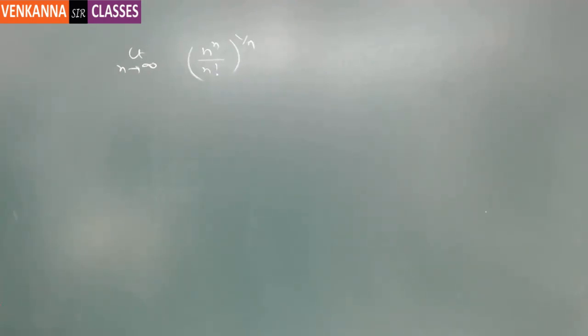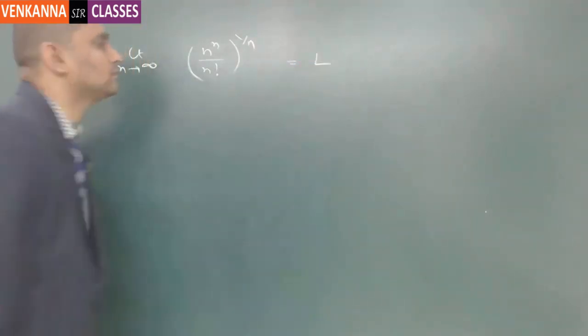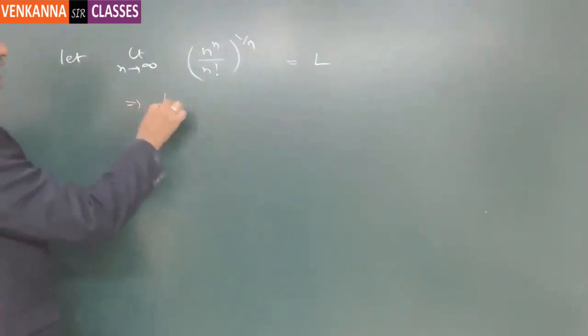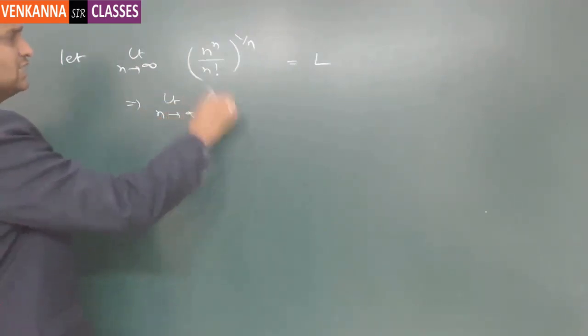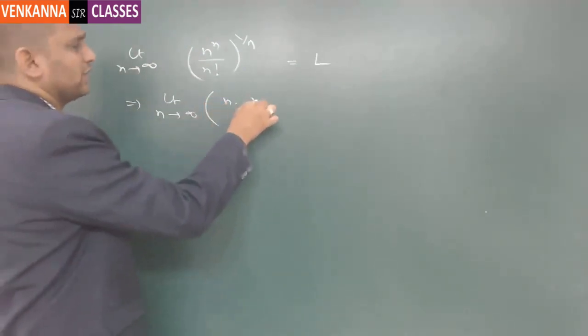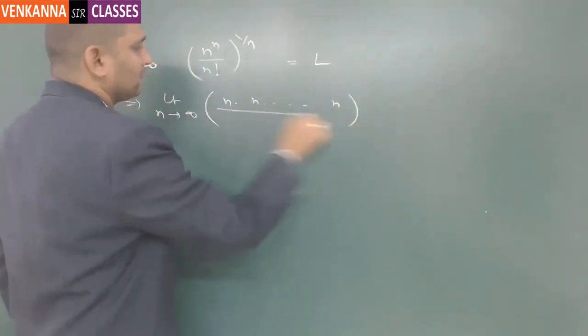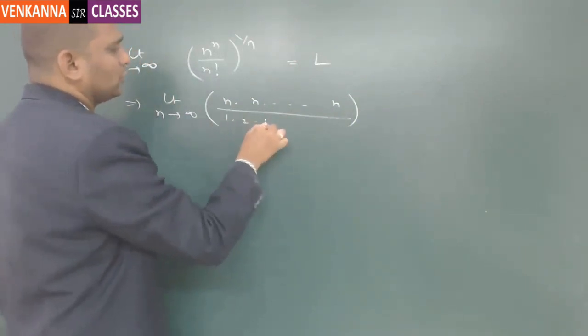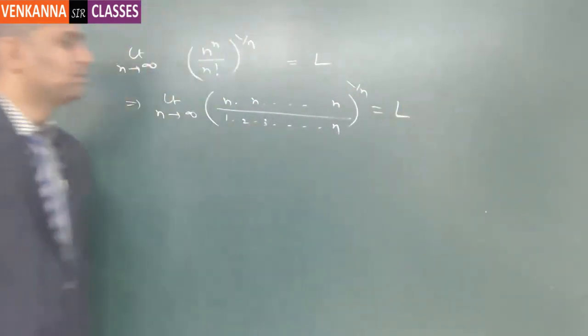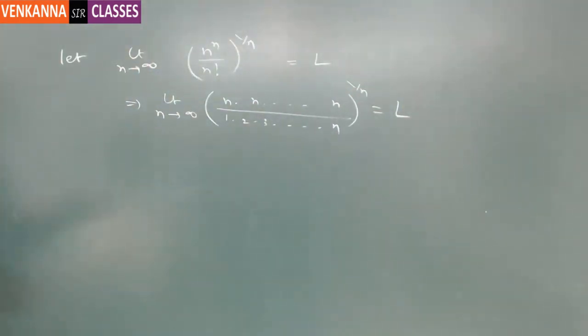Right? So what happens, since you are going to evaluate this value, let us take that the evaluation value is nothing but L. Now, it is nothing but limit n tends to infinity, since n is applied n times, multiplied, so n into so on n by 1 into 2 into 3 into so on into n, whole power 1 by n is equal to L, because n factorial is nothing but n into n minus 1 into so on into 1.